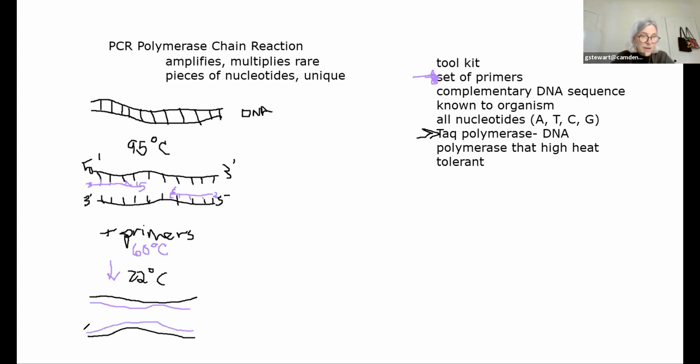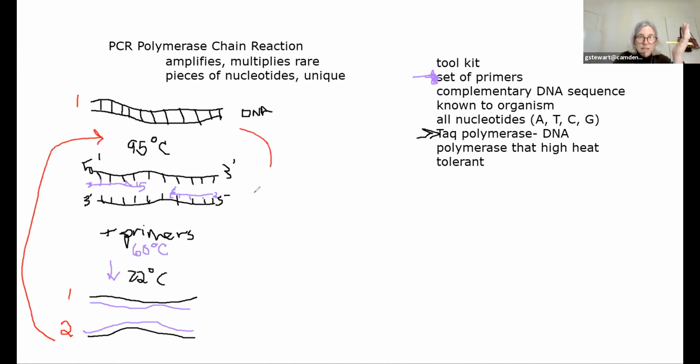Right, so now I have not one copy of this really rare, hard to find piece of DNA, but now I have 2 copies. And this is the genius of PCR. Are you ready? You load the system with enough materials so that you can just repeat.